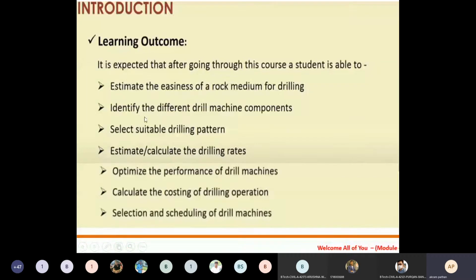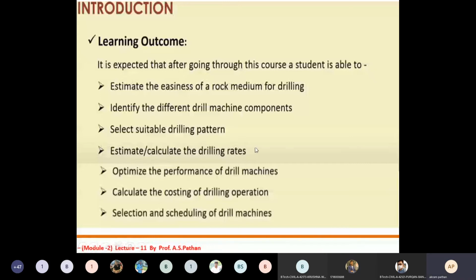Then identify the different drill machine components. Then select a suitable drilling pattern. These things you will understand at the end of this lecture. Then estimate or calculate the drilling rates.